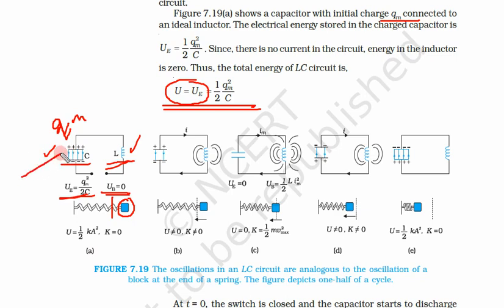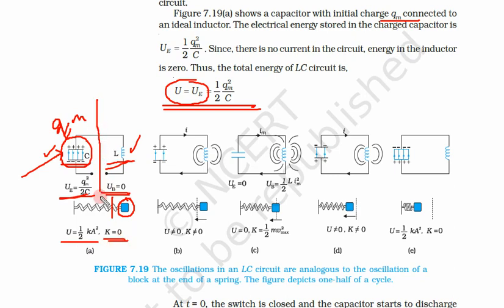Similarly, here we have disturbed the circuit by adding some charge on the capacitor. Here we have just pulled the mass out from its mean position. In this case we have potential energy half Ka square while kinetic energy is 0.